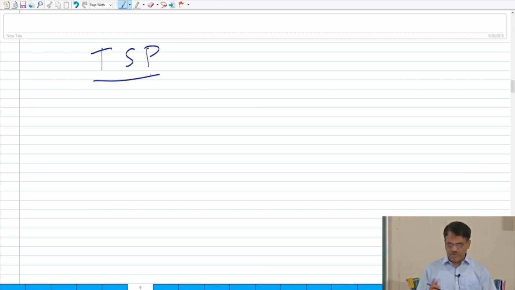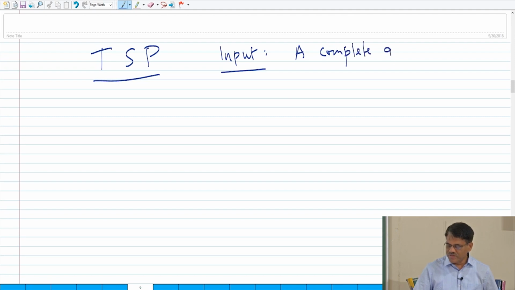So, the TSP problem, recall your input. We will assume the graph is complete. If it is not complete, then you just add missing edges with some infinity distance.